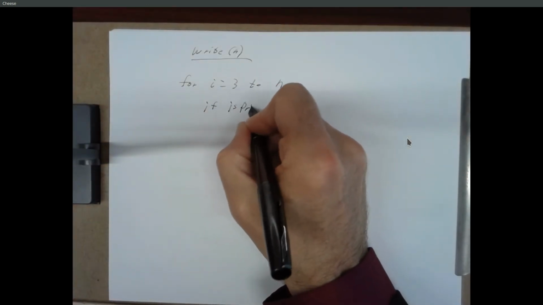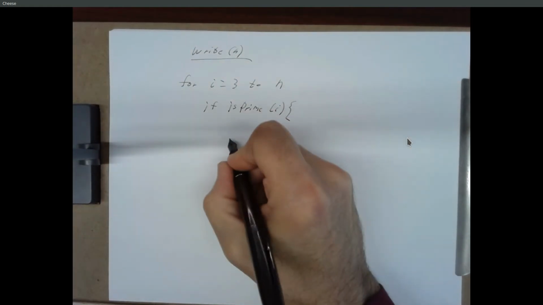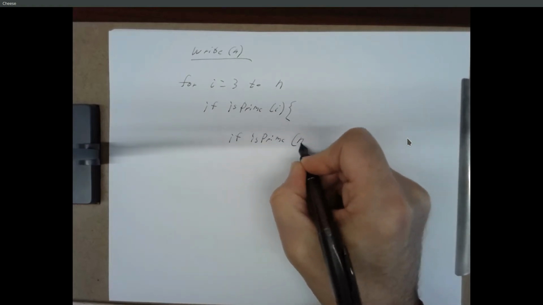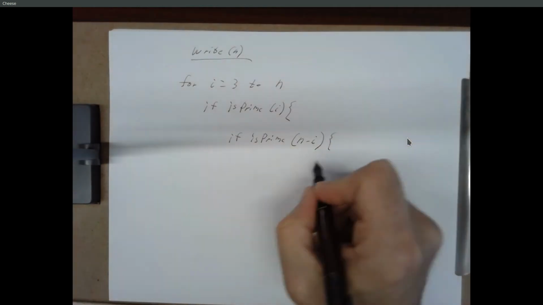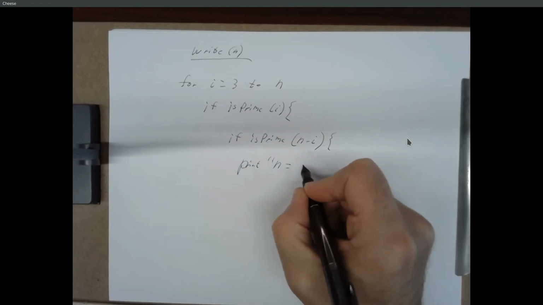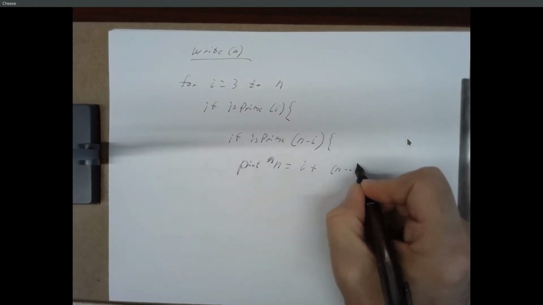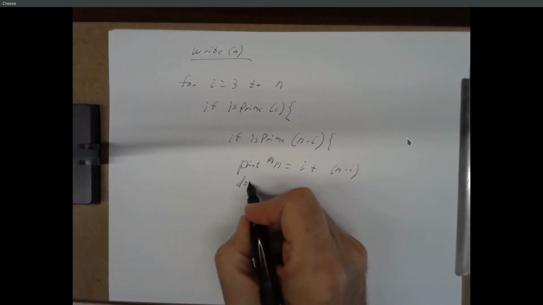If is prime I. So if I is prime, see if n minus I is also prime. Then just print out n equals the value of I plus the value of n minus I. And we're done.